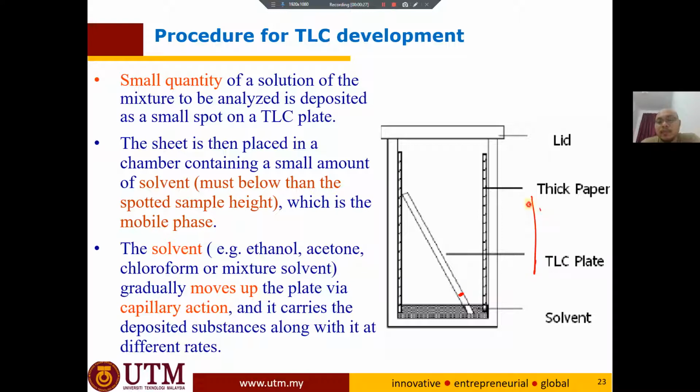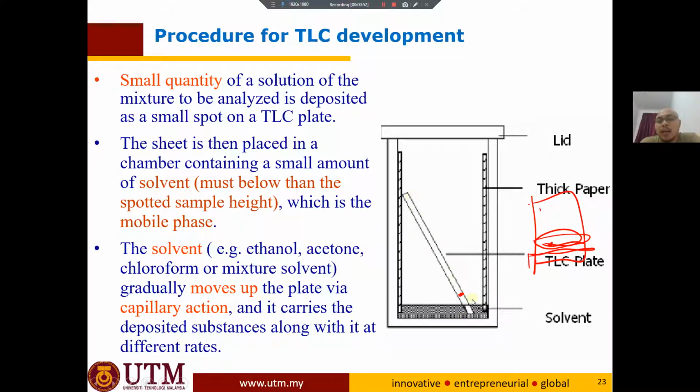If we look at the front view, here you spot the sample. The solvent must be lower than the spotted sample height. The solvent should never pass this line. The solvent gradually moves up the plate via capillary action, and it carries the deposited substance along with it at different rates.